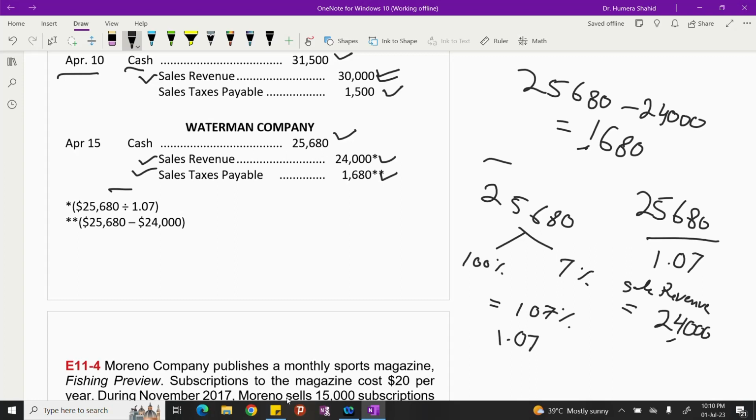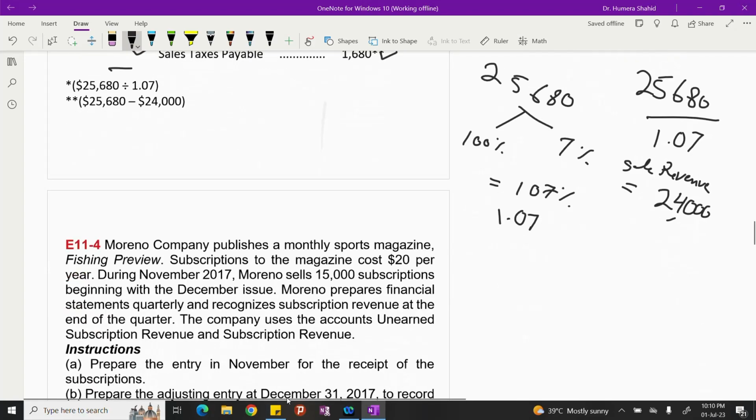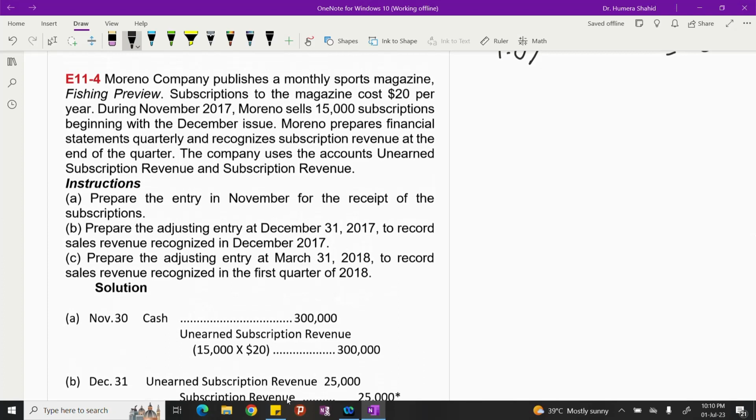So this is how you segregate the sales taxes if they are added together in the sales revenue or the full cash amount. You have to divide by the total percentage, and in this way you will be extracting your revenue. Let's move on towards the next exercise, which is exercise number 11-4.